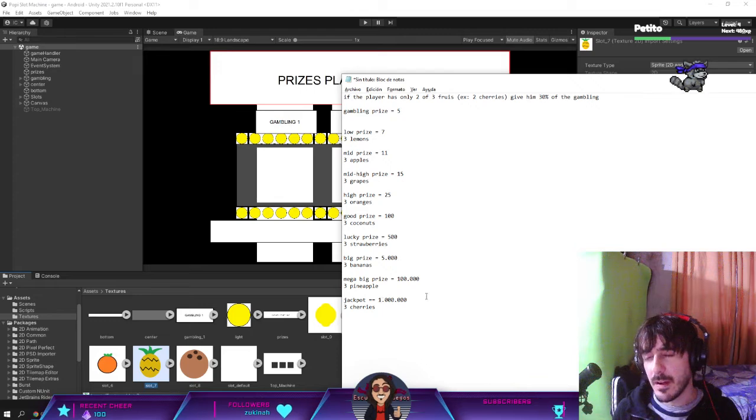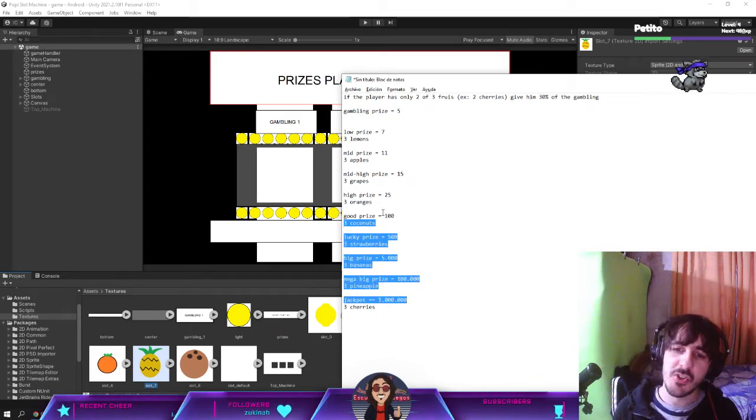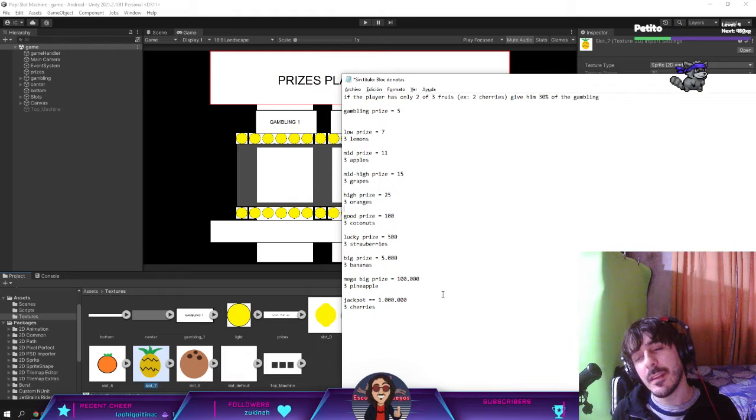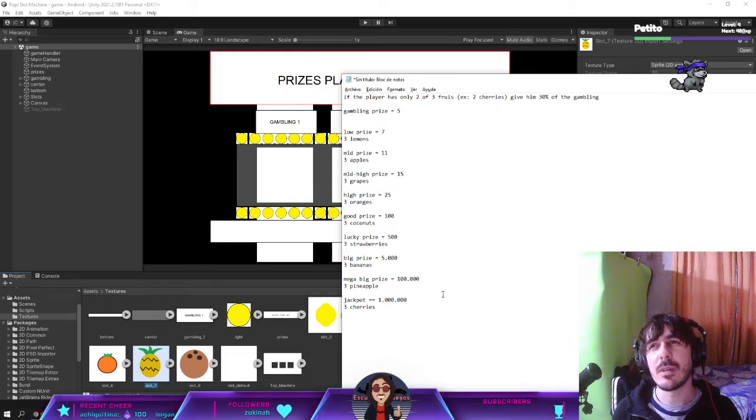There are cheap jackpot machines with the cheapest prices, and there are VIP casino machines where the rich people gamble, with higher gambling amounts and higher prices.